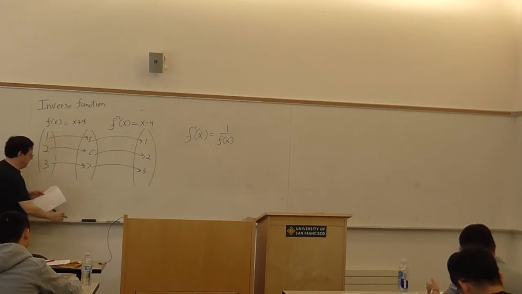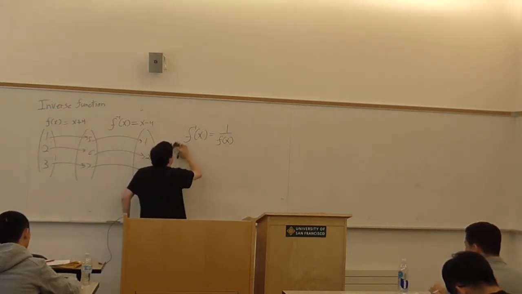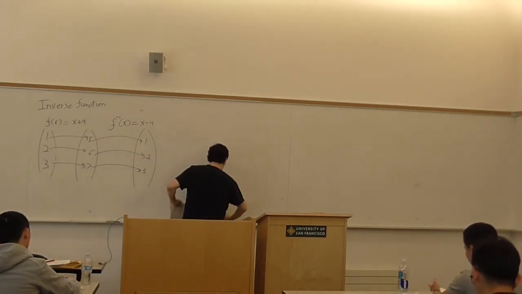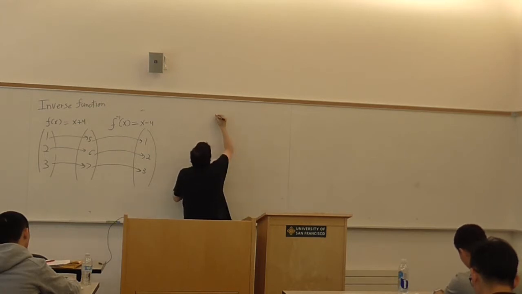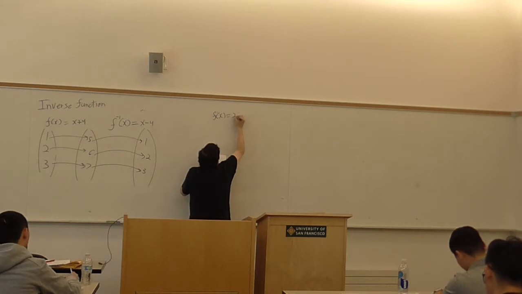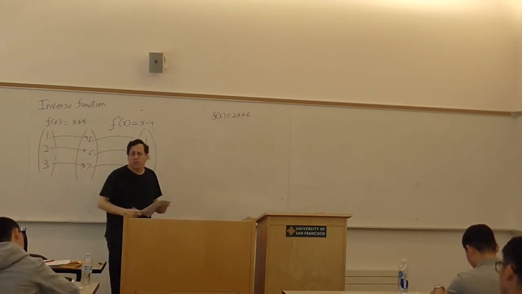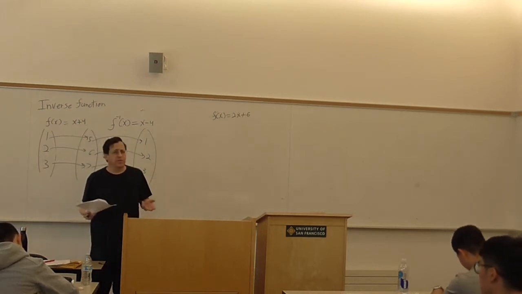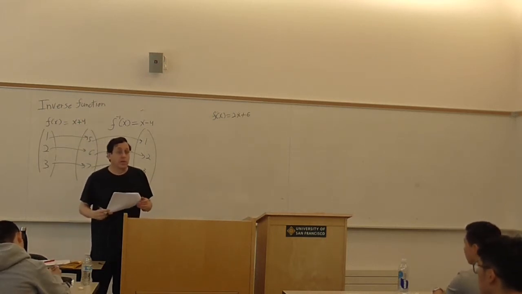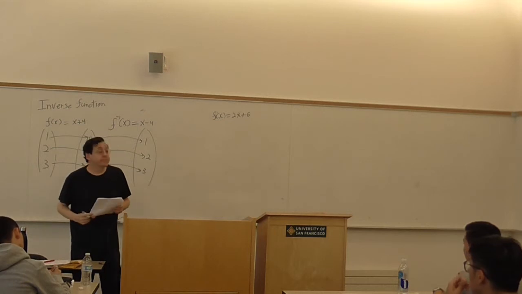Let's take something just a little more complicated. Let's take f of x equals 2x plus 6. And I'm going to show you a strategy for finding the inverse function rule that works pretty well.